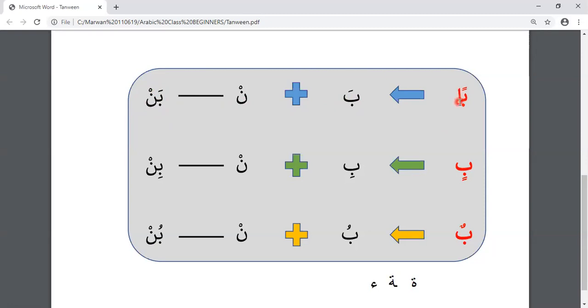Now, there will be some rules that we're gonna learn in the future when we stop at words ending with tanween, like zan, dan, ran, etc. If there are rules of how to pronounce it, we'll talk about it later.